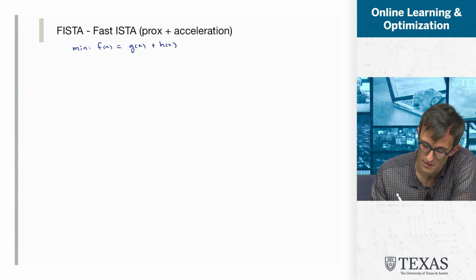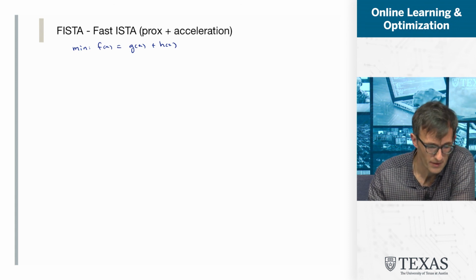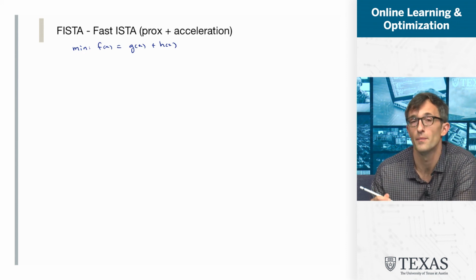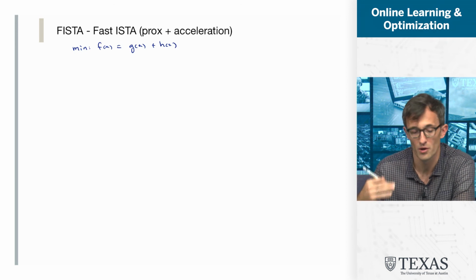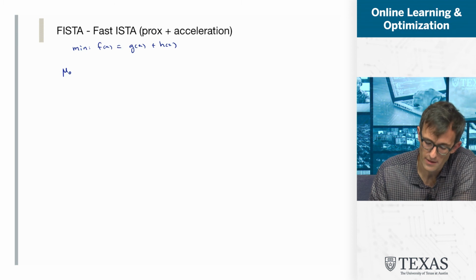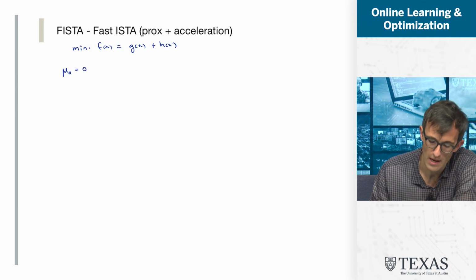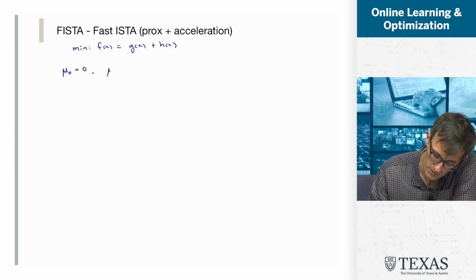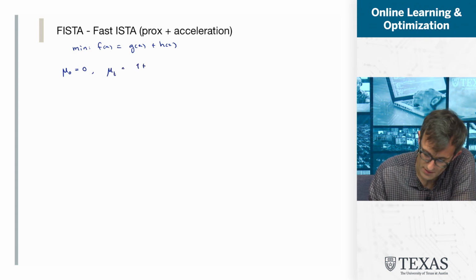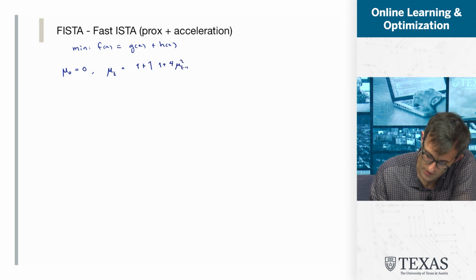So what this does specifically is I need an additional sequence of scalars and also another vector that's going to allow me to build in this idea of acceleration or momentum. I'm going to set mu_0 to 0, and then thereafter update as follows. mu_t is going to equal 1 plus the square root of 1 plus 4 mu_{t-1} squared, all of this divided by 2.